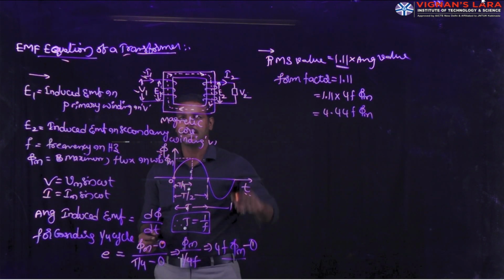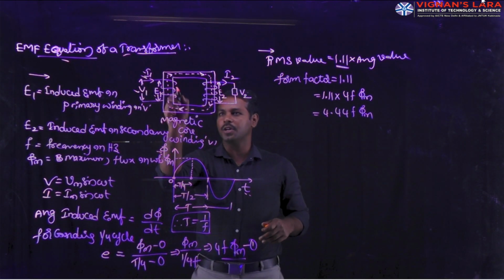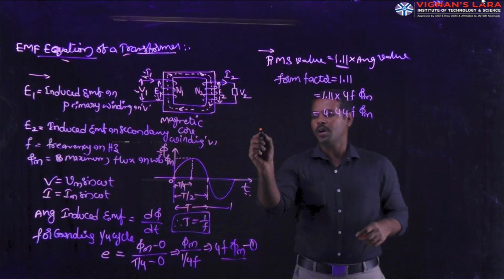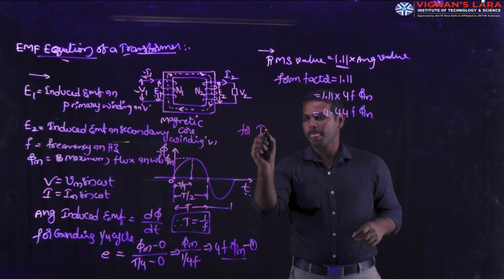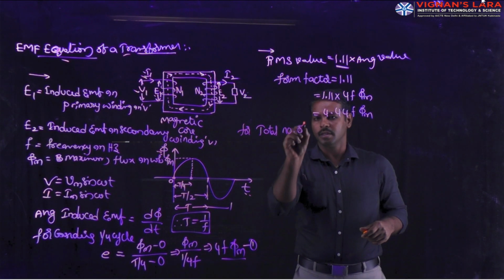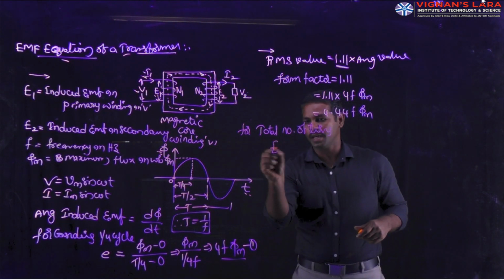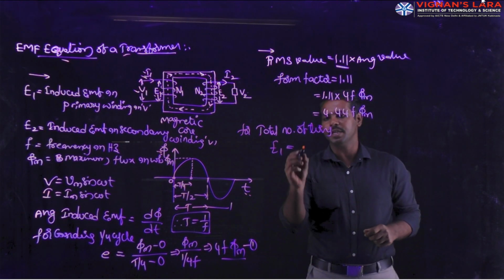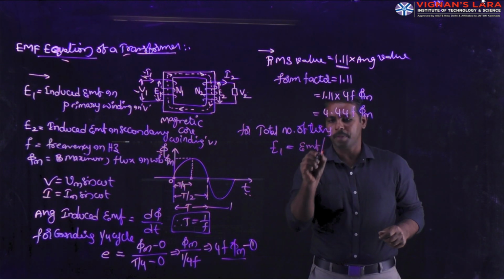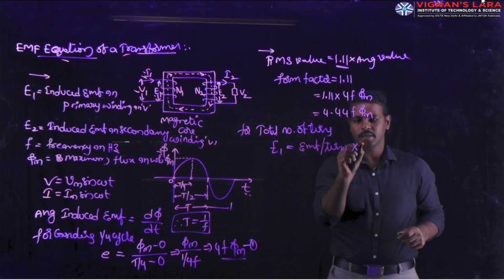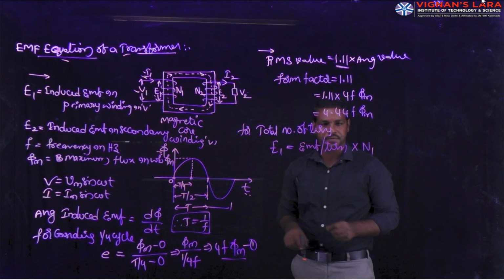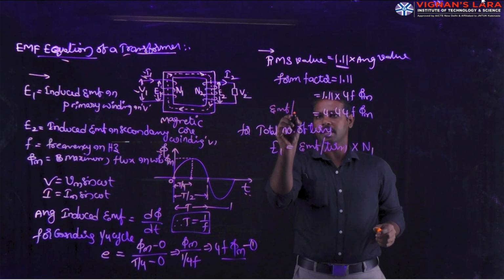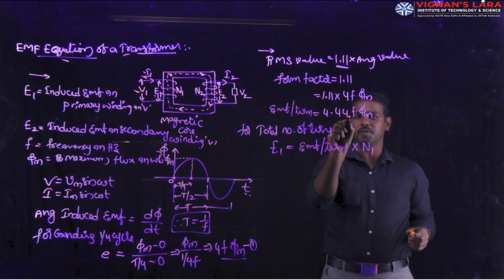So we have considered it per turn. But the number of turns in the primary winding is N1, and the number of turns in the secondary winding is N2. For the total number of turns, E1, the induced EMF in the primary of a transformer, is equal to the EMF per turn multiplied with the number of turns in the primary.